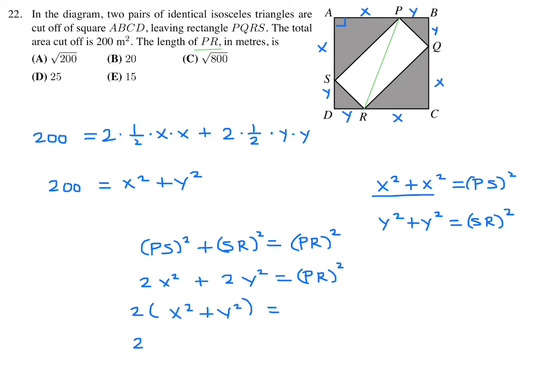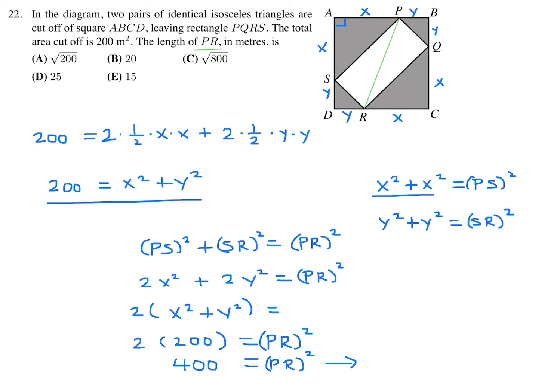Now x squared plus y squared we figured out was 200. So substitute that in there. That is going to be 400 is equal to PR all squared. And therefore, if you take the square root of both sides, PR is equal to 20. So number 22, the answer is B.